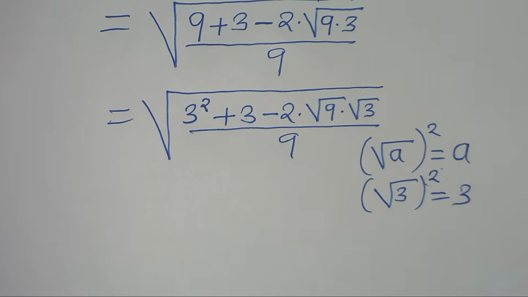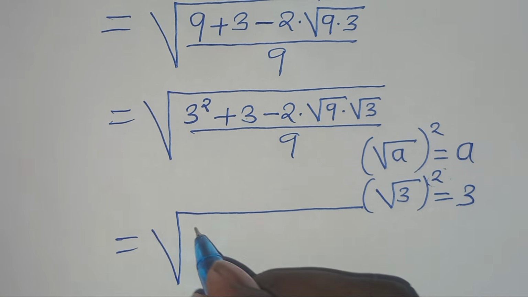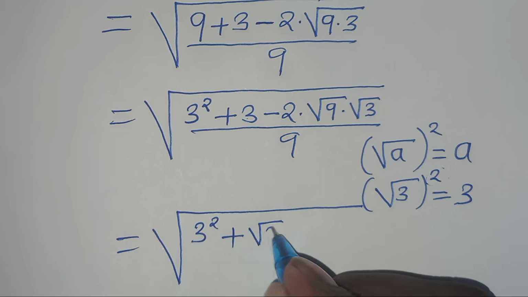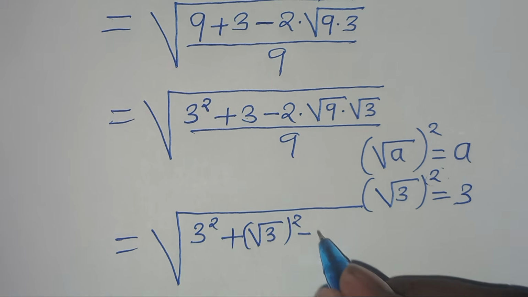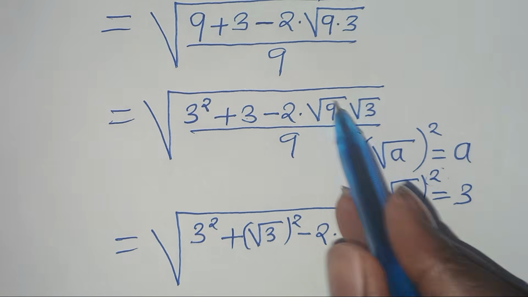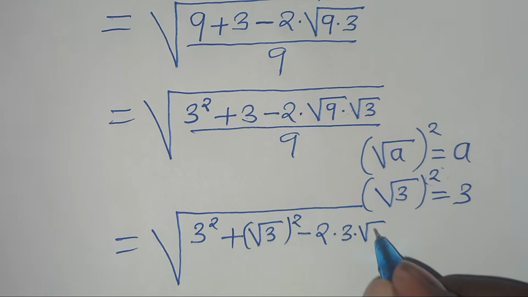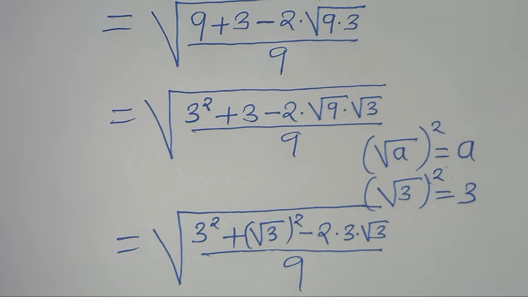Now, this means that we have 3 to the power of 2 plus square root of 3 raised to the power of 2 minus 2 multiplied by square root of 9, which is 3, then multiplied by square root of 3 divided by 9.